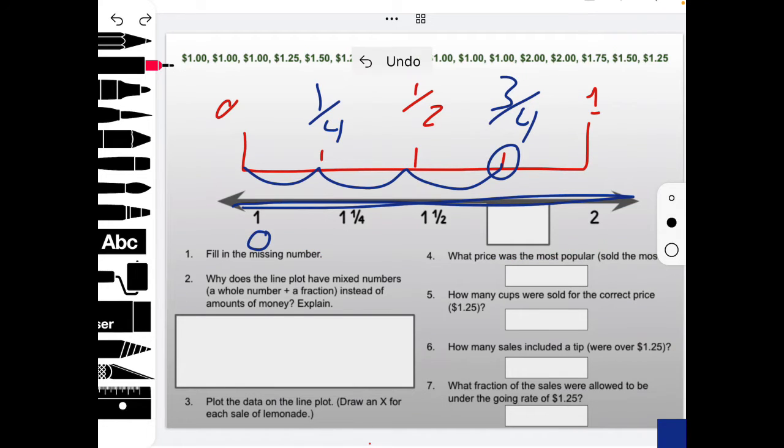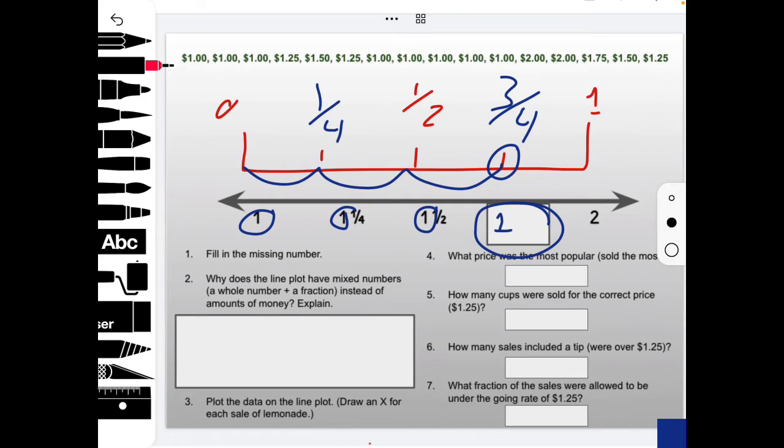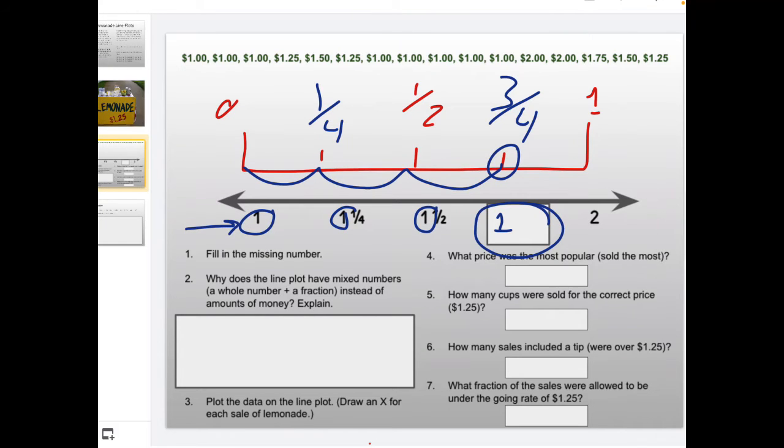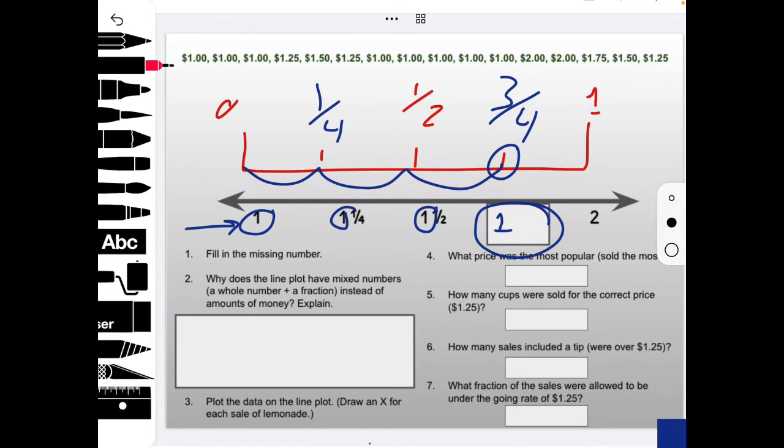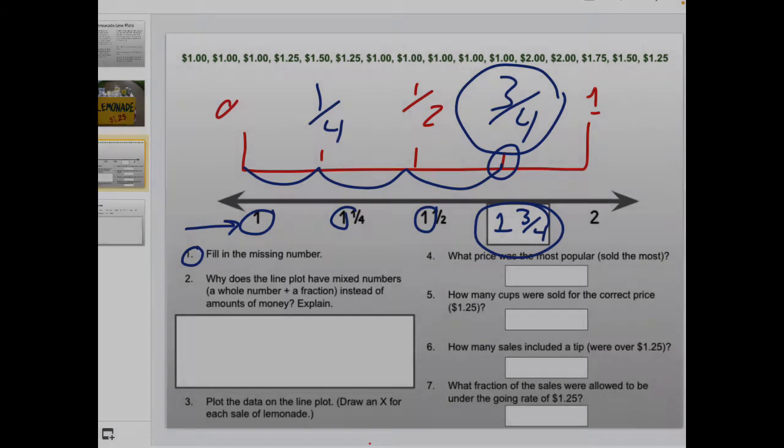Now, I'm going to fill in this box with the missing number. Each one of these measurements includes the 1 whole, because we are after 1, but there's something missing right here, and that is the fraction 3/4. So this should have been 1 3/4. That is the answer for question number 1.